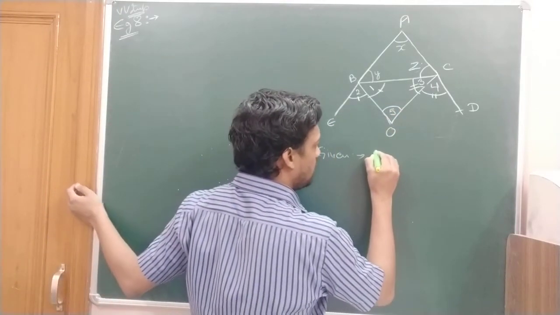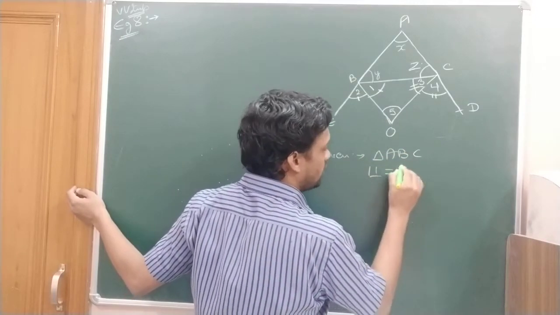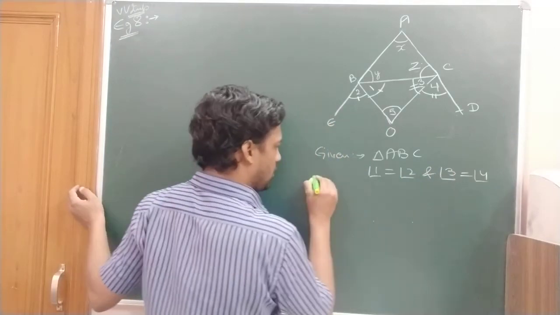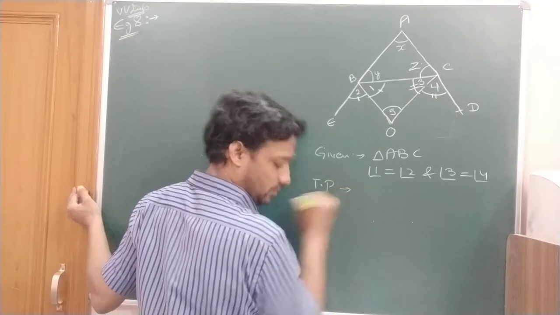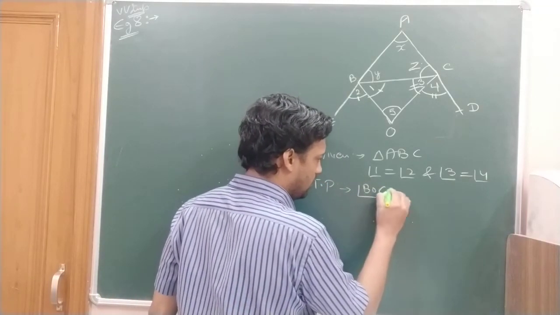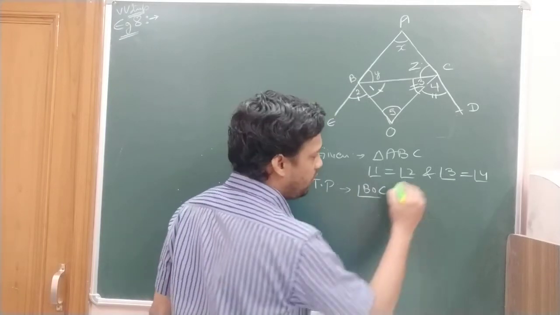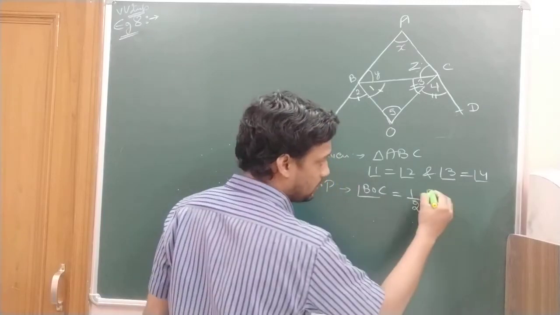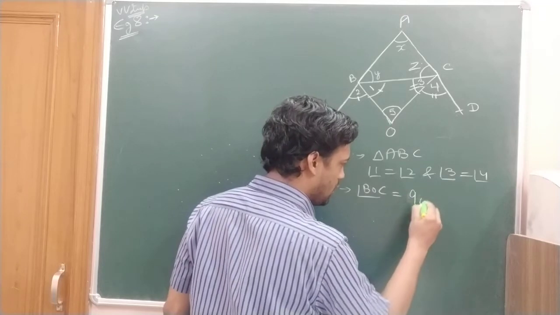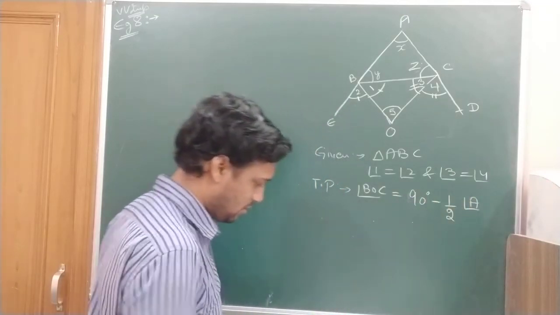First of all, given triangle ABC. Second thing, given angle 1 equals angle 2 and angle 3 equals angle 4. Now to prove, what you have to prove? You have to prove that angle BOC equals 90 minus 1/2 of angle BAC.